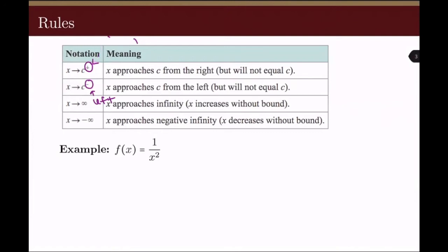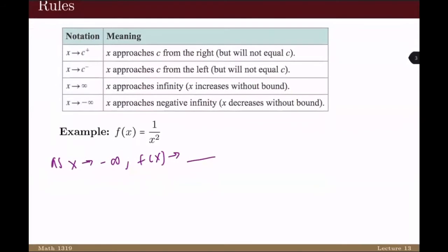So what we're going to do is use these in this next example to find, as x approaches negative infinity, f of x is going to approach what? So we're going to take a peek at its graph.